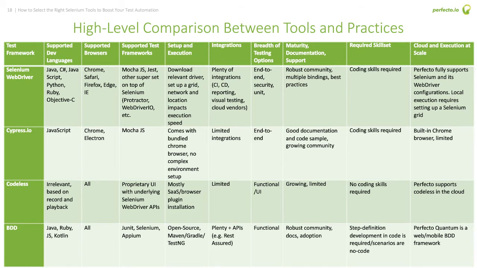And the way I built the table, I took the Selenium WebDriver of the world, I took Cypress, which is a trending framework, I took the codeless tools of the world, and the ones that are BDD by nature, okay?